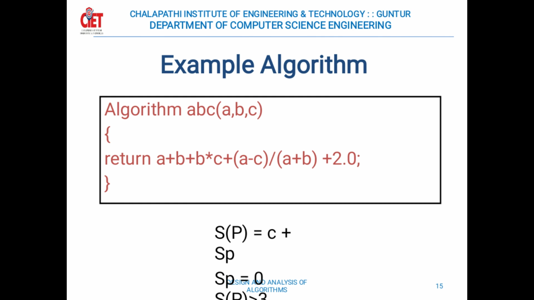So here the variable part is 0. So the space complexity of the algorithm is equal to fixed part space plus variable part space. Here the variable part S_P is equal to 0, so only the fixed part C remains. So finally the space complexity of the algorithm is equal to C.